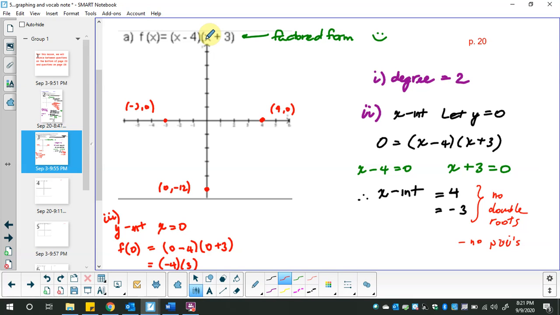Another thing I hope is that when you go to join these dots in a parabola form, you don't do this. And the reason is because you should know from grade 10 and grade 11 that parabolas are symmetrical.